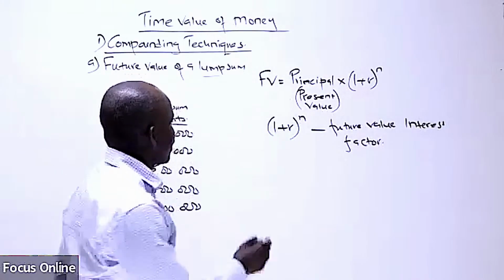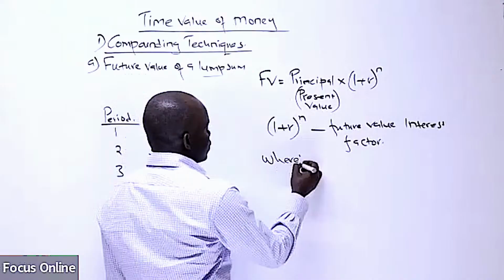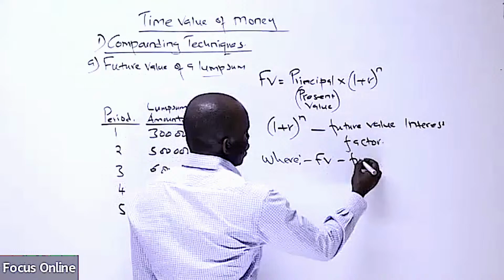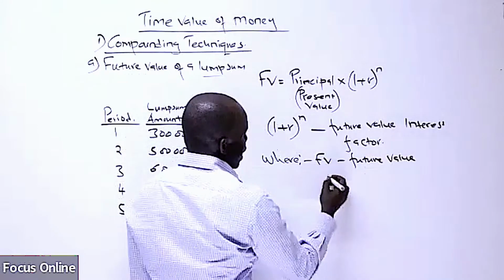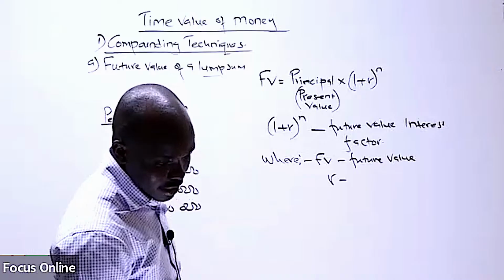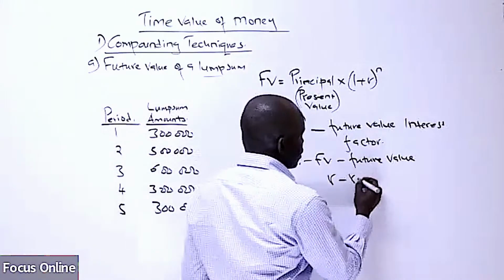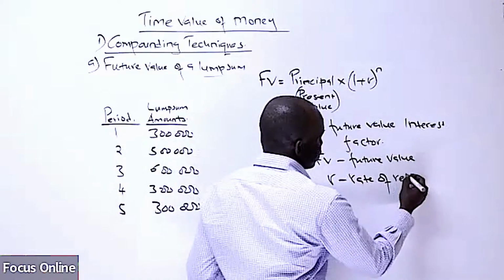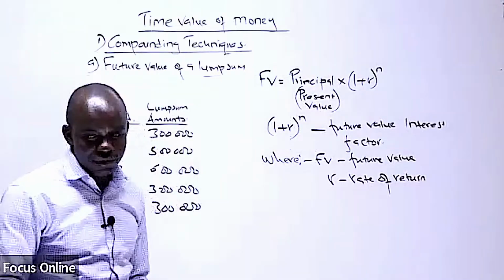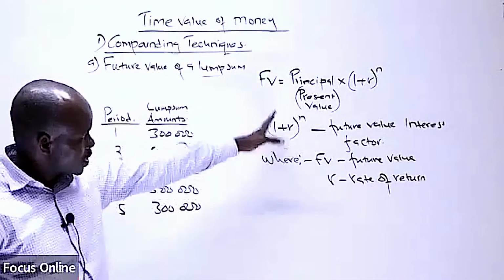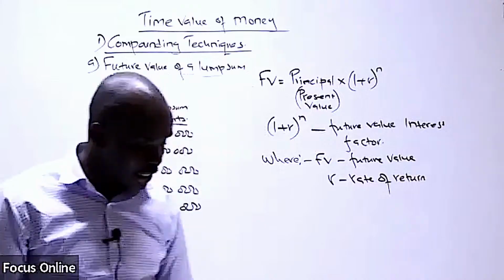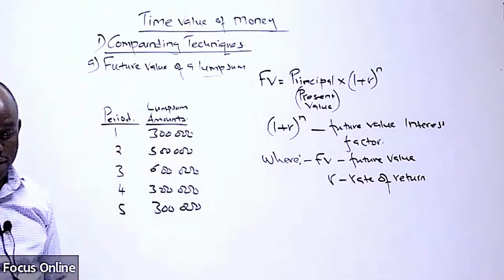So here we can say where FV is future value, R is the rate of return, like the interest rate. It's important for you to write this formula. Just write that. Rate of return is like the interest rate.